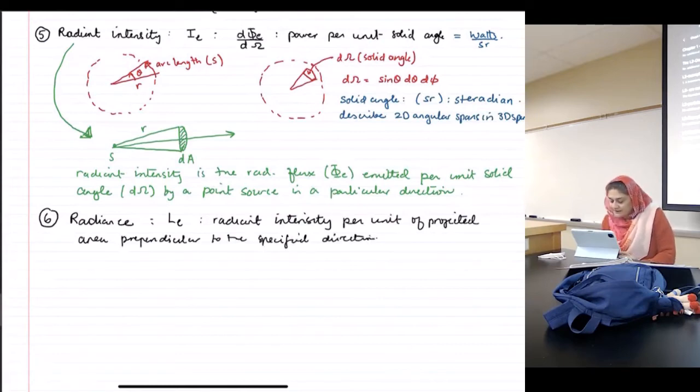It is defined as dI_E over cosine theta dA, or simply d squared phi_E over d omega cosine theta dA.